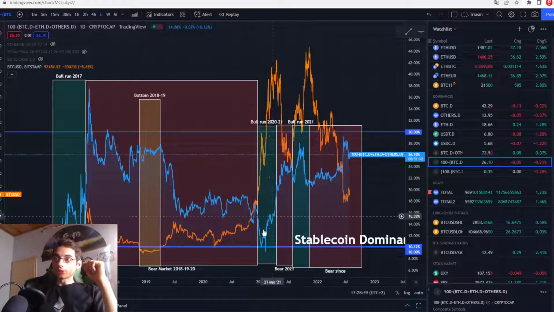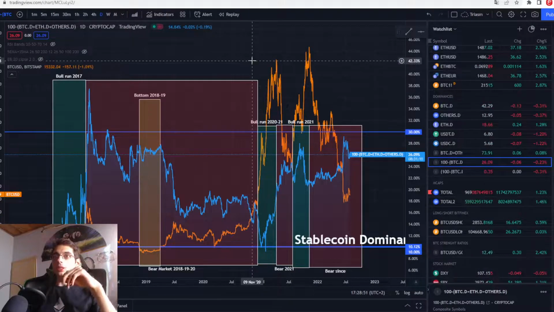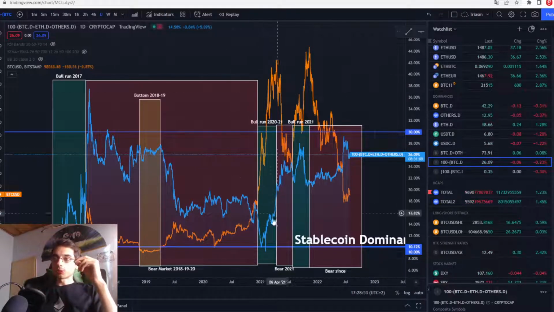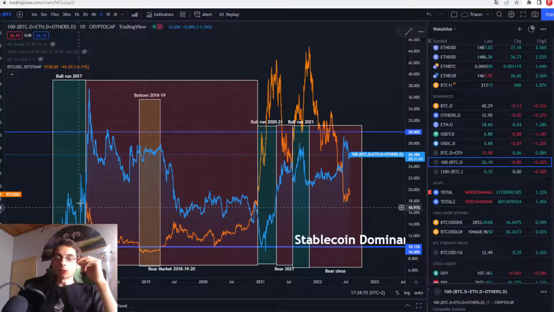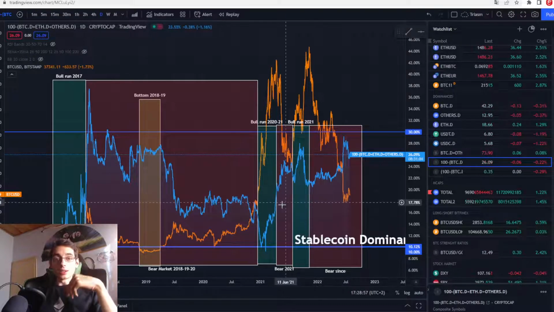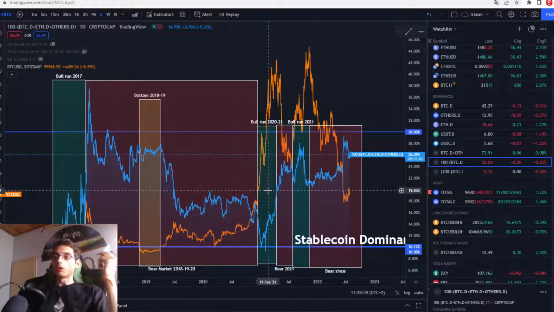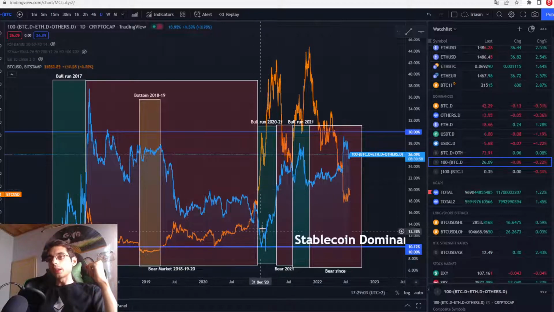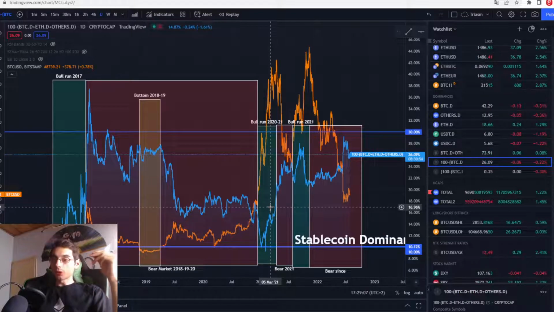You have to think about it in all the ways. In this bull market, in comparison to this, we had a huge influx of new market participants, and obviously they entered the market, and to enter the market they had to cash in with stablecoins to buy assets on the crypto market, with every exchange at their disposal.